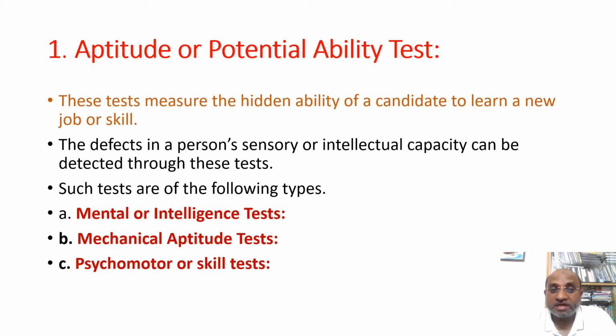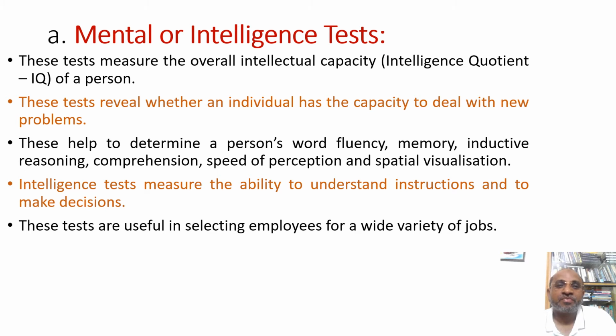So aptitude tests are of three types. First one is mental or intelligence test. Second one is about the mechanical aptitude test, and the third one is about the psychomotor or skill test. Now, what is meant by mental or intelligence test?